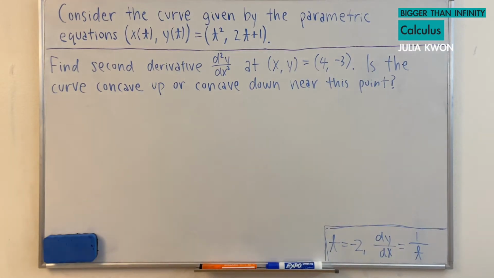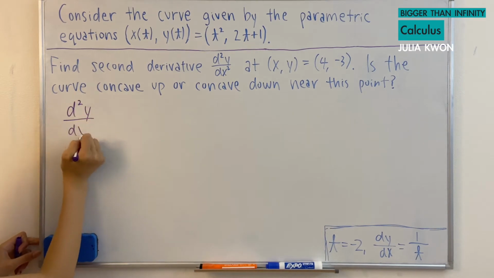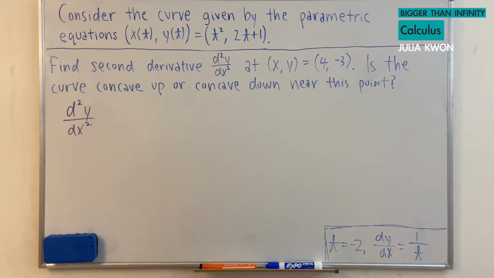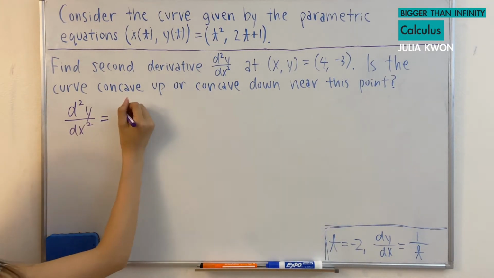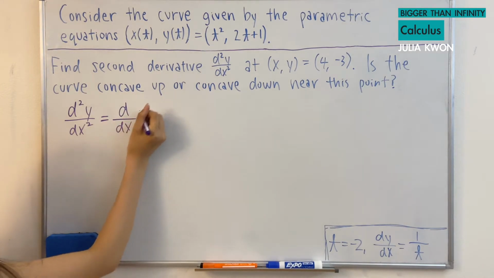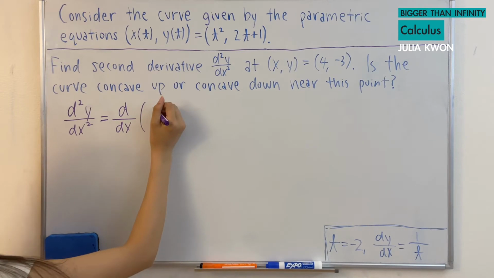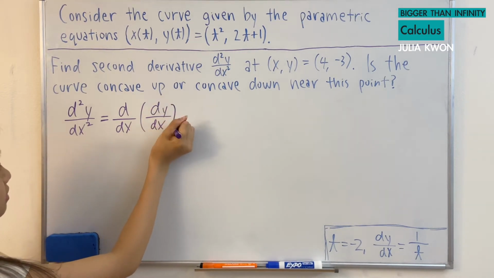Now to solve for the second derivative, d squared y divided by dx squared, we're going to factor this so that we have d divided by dx times dy divided by dx.